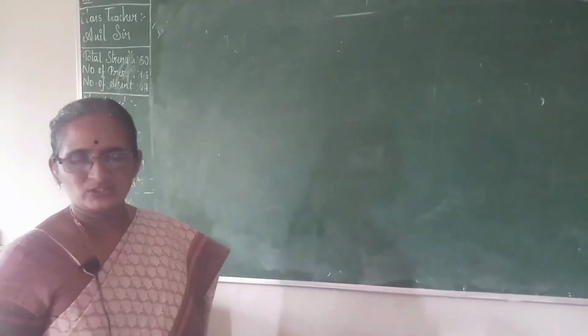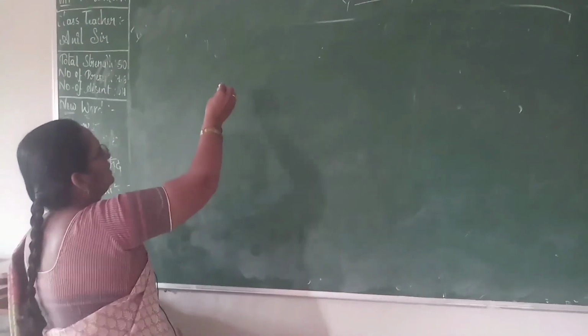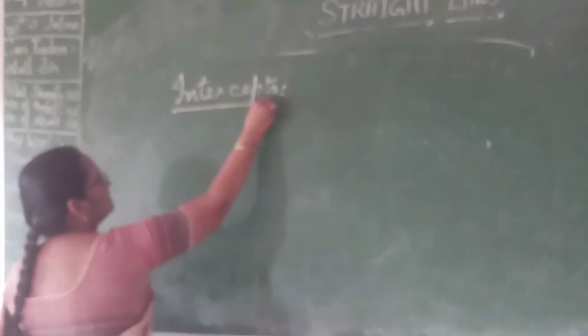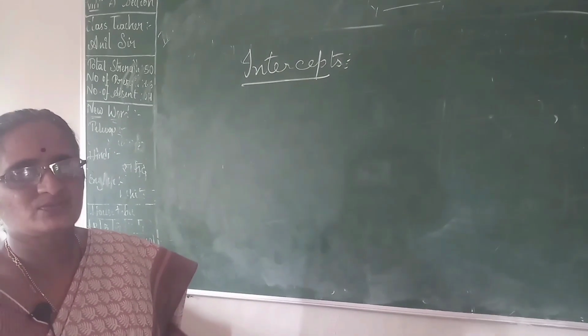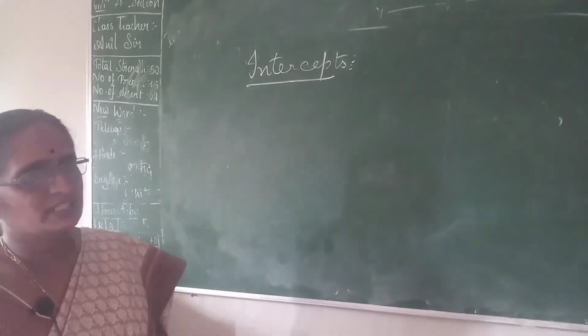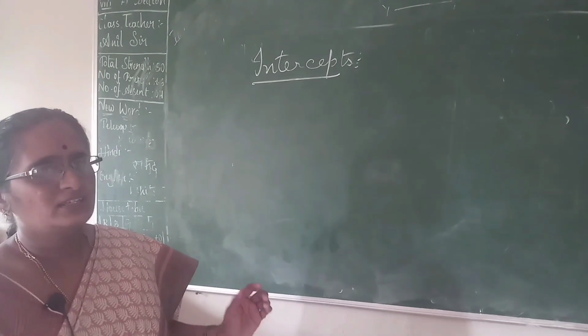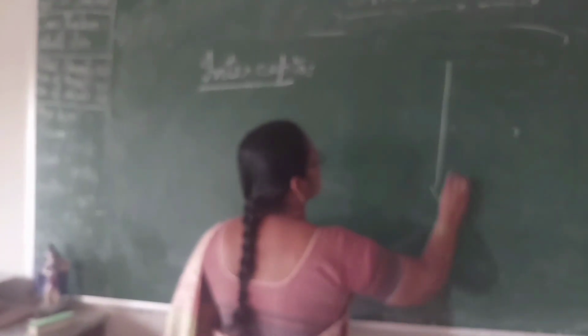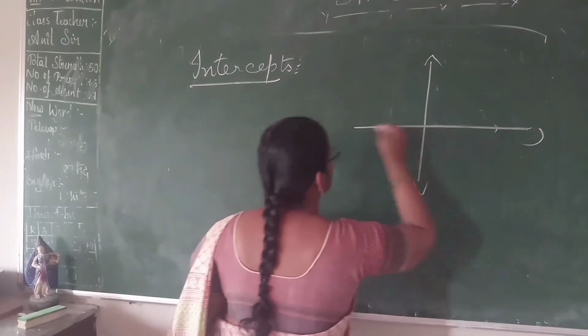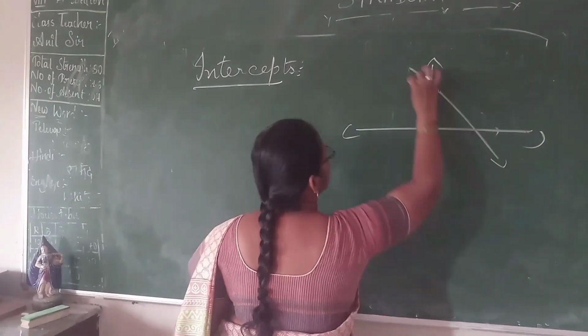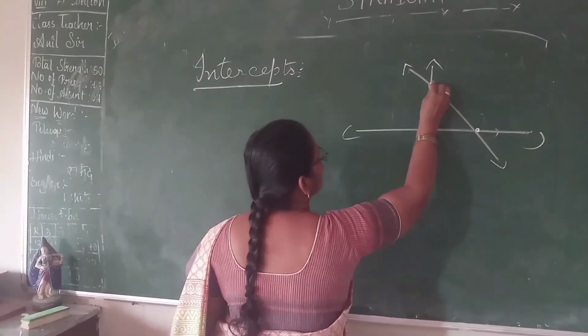Now we are going to learn another new topic, that is intercepts. So what is the general meaning of intercepts? Intercepts means cutting. Cutting means intersecting, in maths we say intersecting. So where is it cutting? For that we take the coordinate axes again.